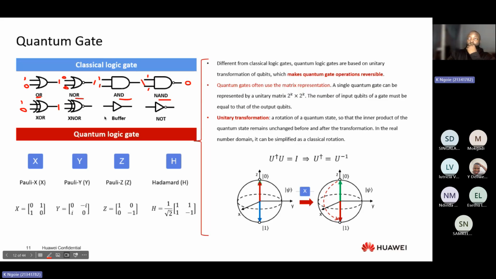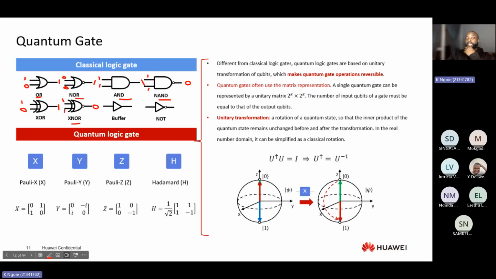And then the XNOR will be an exclusive NOR. Remember what the NOR was? The NOR was we need to have 0, 0 to have 1. So an exclusive NOR will be when we have 1 and 1, it needs to give us 0.